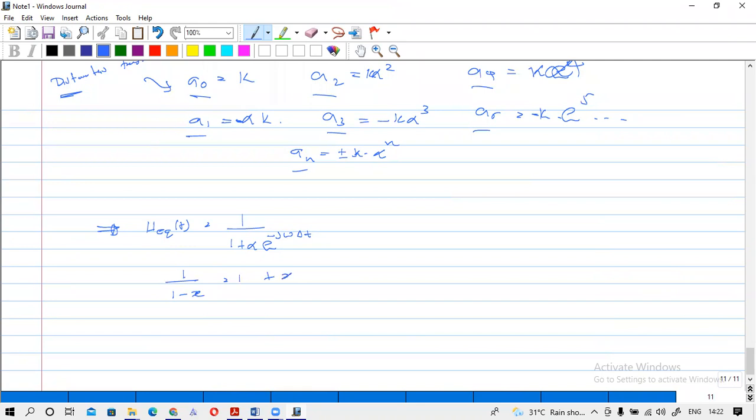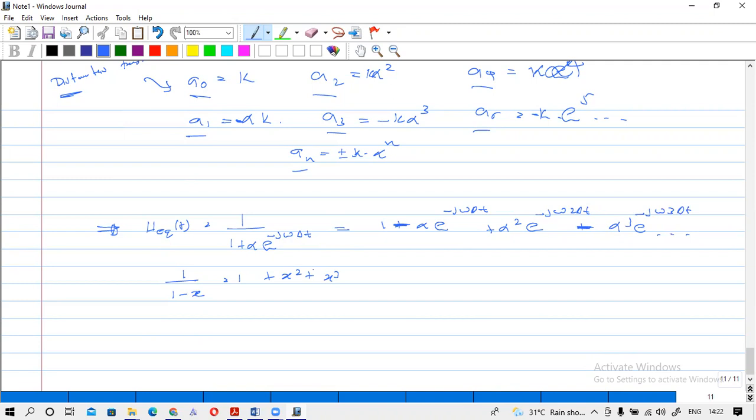Using the identity 1 by 1 plus x is equal to 1 minus x plus x squared minus x cubed, we can write this in terms like this. So we can write it as 1 minus alpha e to the power j omega delta t plus alpha squared e to the power minus j omega 2 delta t minus alpha cubed e to the power j omega 3 delta t, and so on.